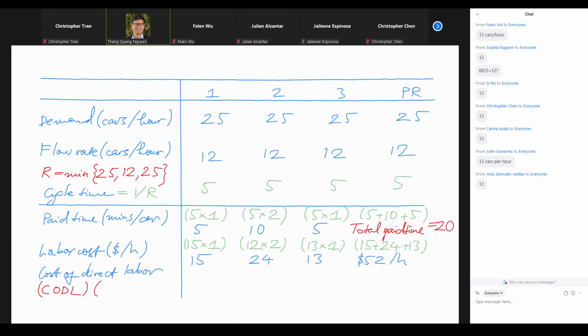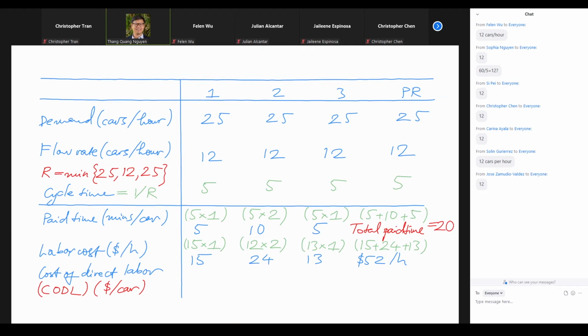And we measure this in terms of how many dollars per car, right? In any business, it's gonna cost money to produce the units. Or in this case, it's gonna cost money to process the cars through or wash the cars through.